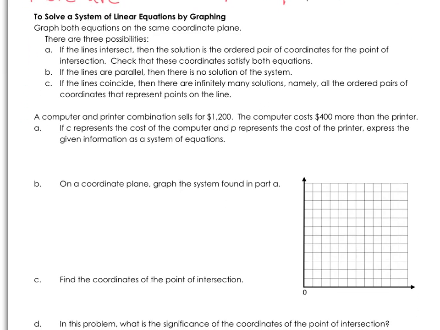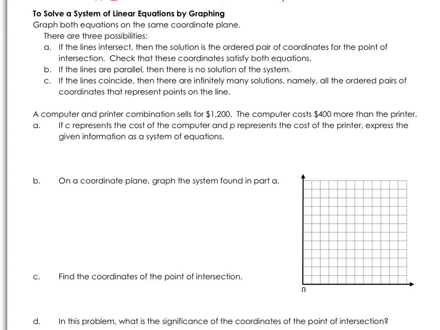To solve a system of linear equations by graphing, there are three possibilities. If the lines intersect, then the solution is an ordered pair of coordinates for the point of the intersection. Check that these coordinates satisfy both equations.